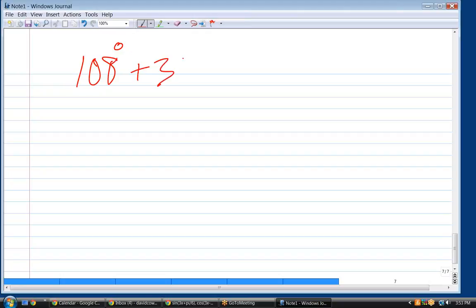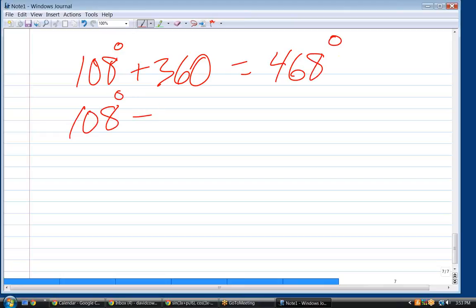Just add 360 to it. So that would be 468. And if you subtract 360, you will get a negative, which is negative 252. There's your two answers.